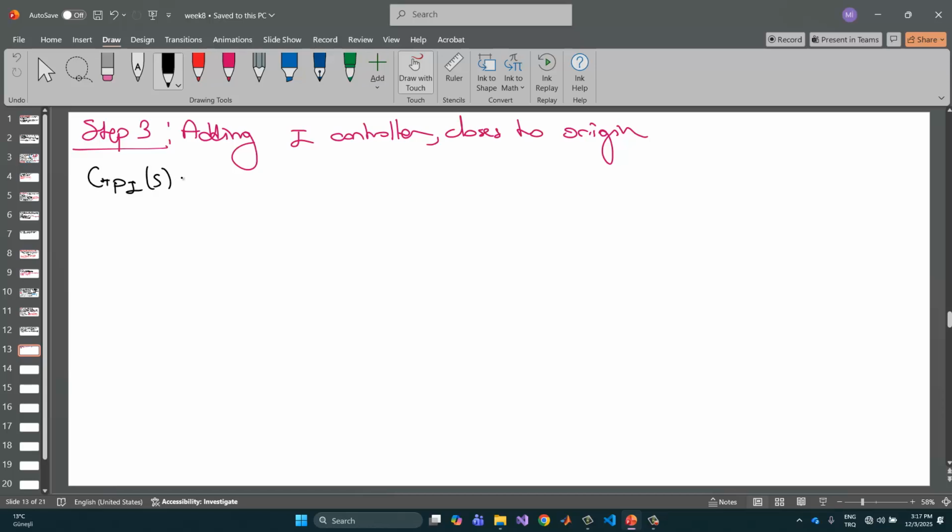GPI(s) is equal to S plus 0.5 over S. Why do we need to use that? If we add zeros to this system, our angle rule is broken, right? Why? Because we have one more degree. In order to cancel these terms, we add the S plus 0.5 in here, closest to the origin. You get it?